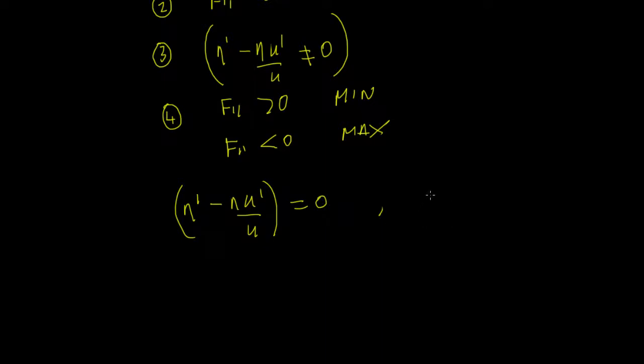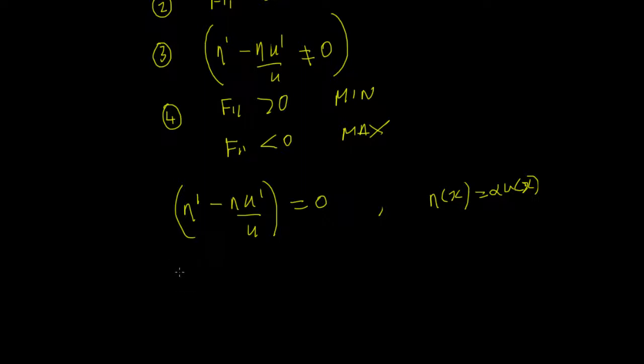The solution would be eta of x equals some alpha times u of x. So it tells us this would be 0 if eta of x is a multiple of u of x, where alpha is just some simple constant.